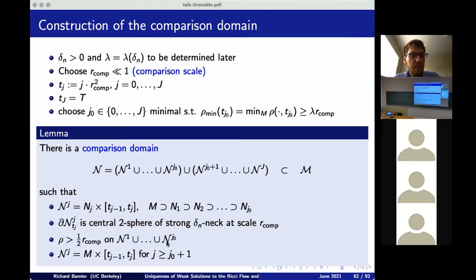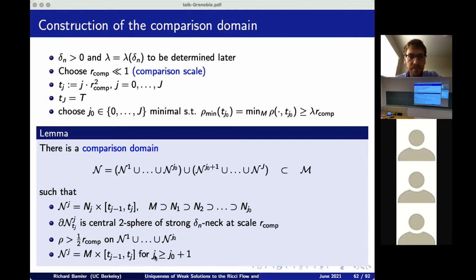We wanted the comparison domain to be chosen in such a way that rho is bigger than 1/2 R_comp on the comparison domain, at least up until this time step J0. So we wanted some lower bound on rho, making sure that the comparison domain is not too singular. And after that time step J0, the comparison domain is just all of M.